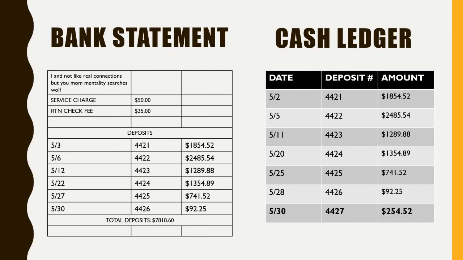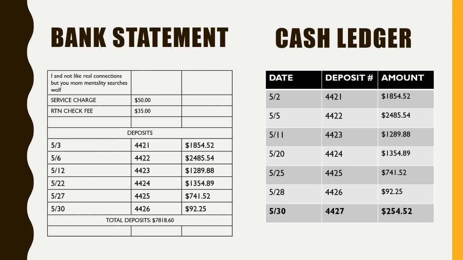So here, the quickest way for me to do this is I'm actually going to count how many times I made a deposit. In this case, 1, 2, 3, 4, 5, 6, 7. I made a total of 7 deposits. And let me see how many actually cleared. 1, 2, 3, 4, 5, 6.